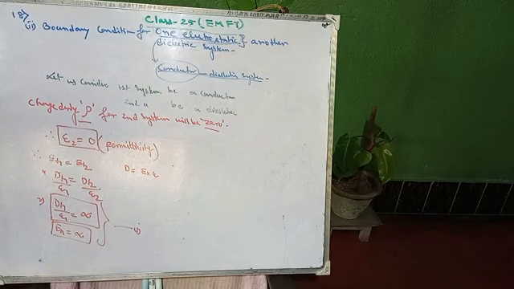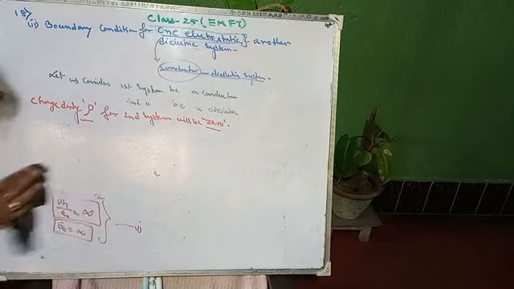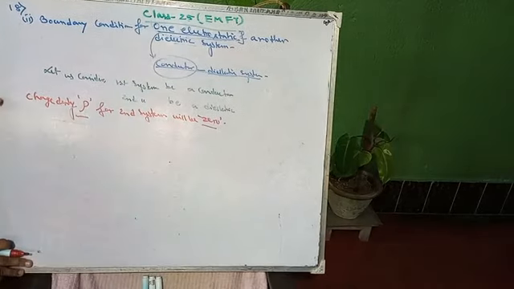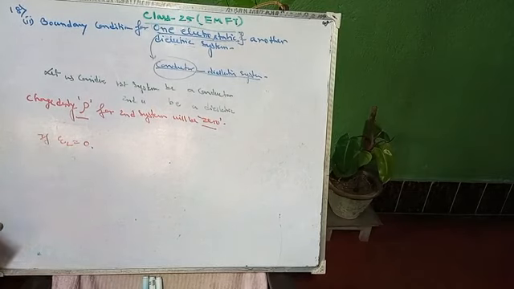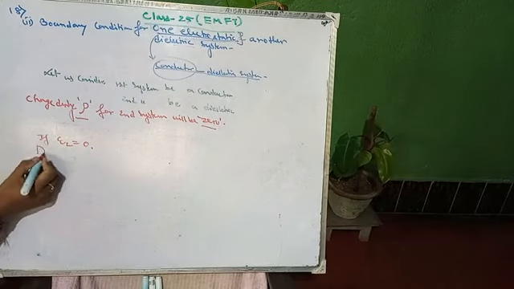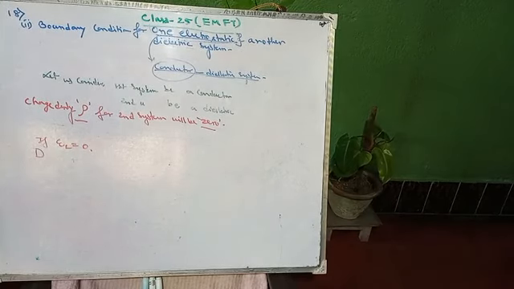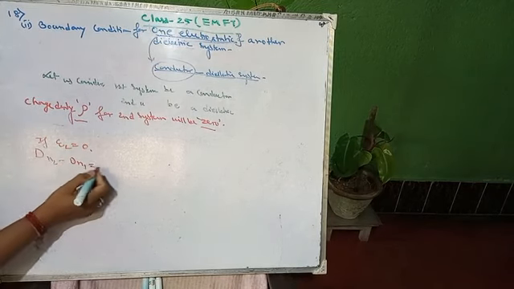Okay, so the second condition. If epsilon 2 equals 0, then the second condition will be DN2 minus DN1 equals rho s, right?